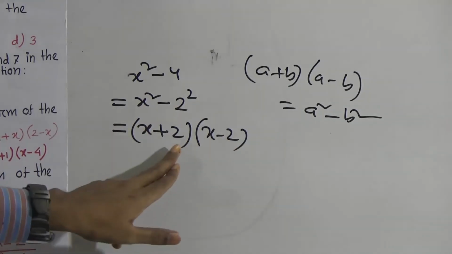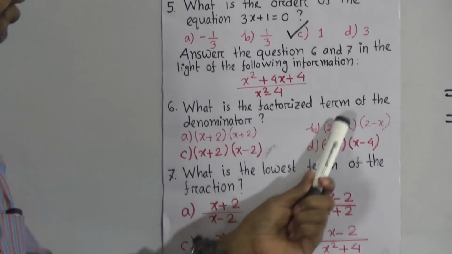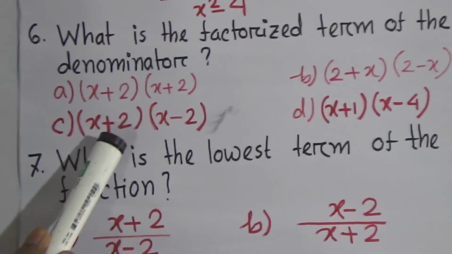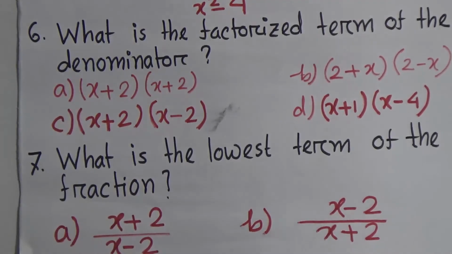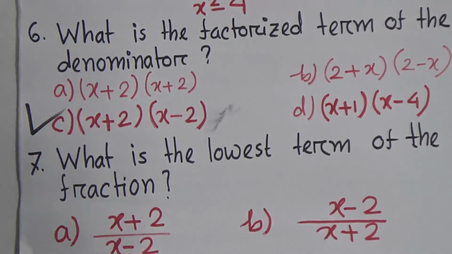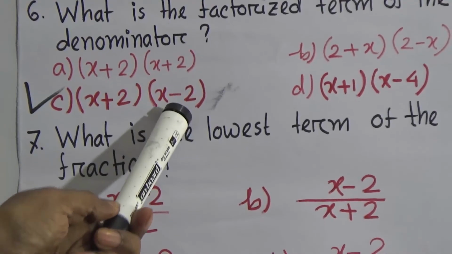So for question 6, what is the factorized form of the denominator? x plus 2 and x minus 2. So option C is the correct option: x plus 2 into x minus 2.